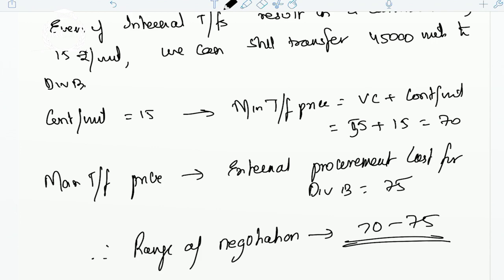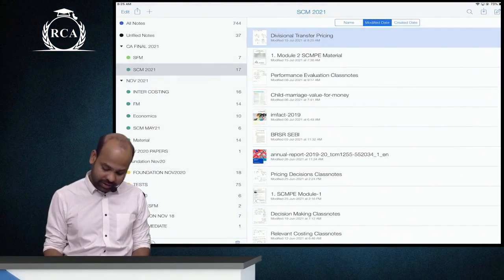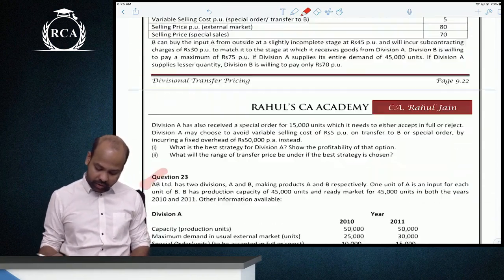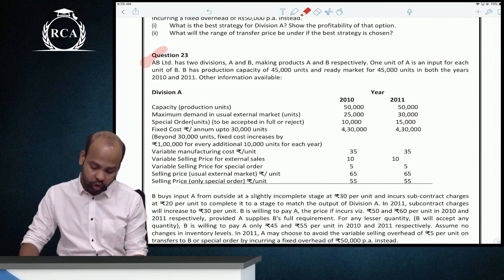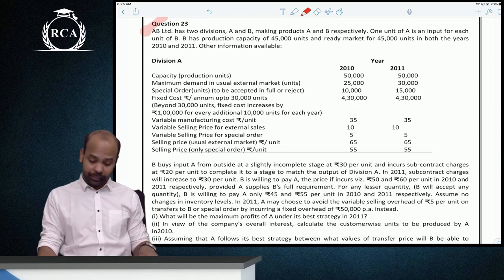Chalo, guys, I'm sure you're all done with this. Let us now proceed to the next question, guys. Question number 23 is an exact copy of question number 22, but question number 23 has many more complications, so let us read that question properly.